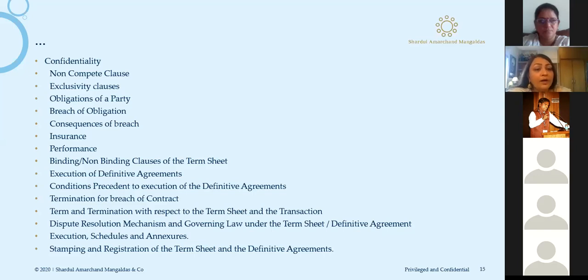Then you have execution or definitive agreements. Certain times there are agreements which emanate from another agreement. For example, you're entering into an arrangement with a company on a turnkey basis, where there is going to be manufacturing on one side, let's say contract manufacturing.